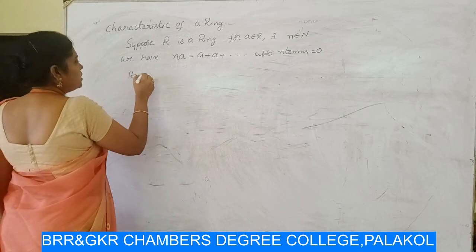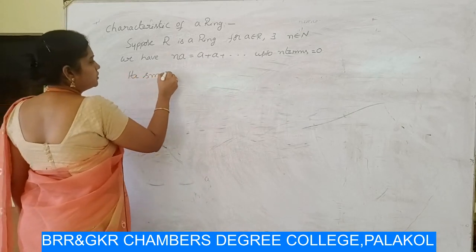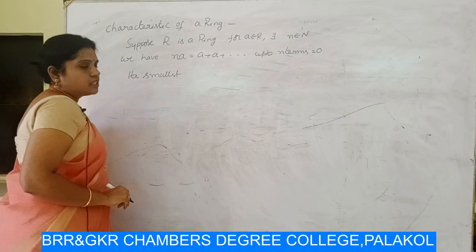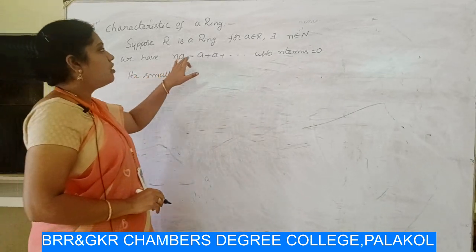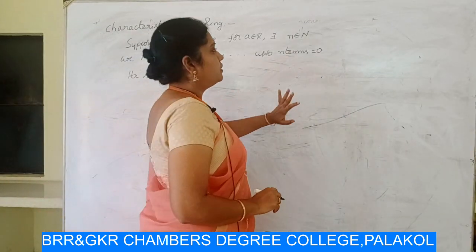The smallest such positive integer n is called the characteristic of a ring.